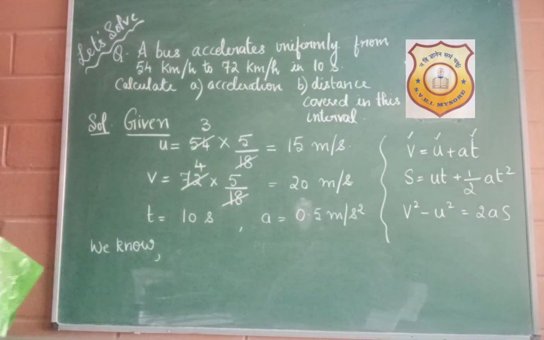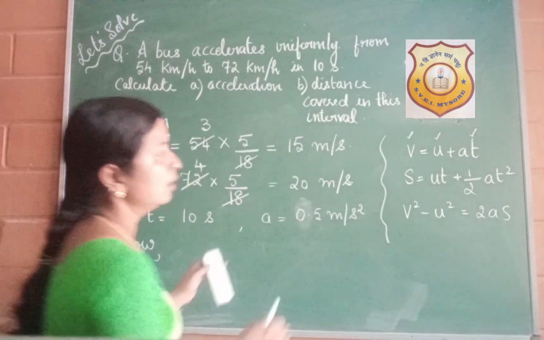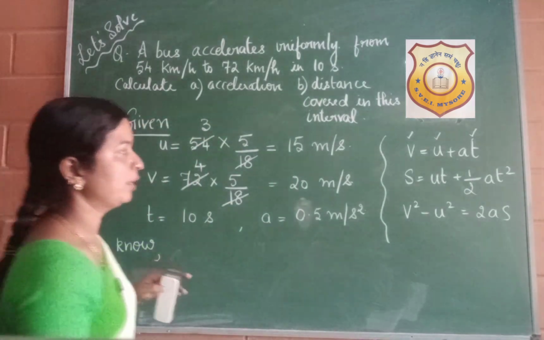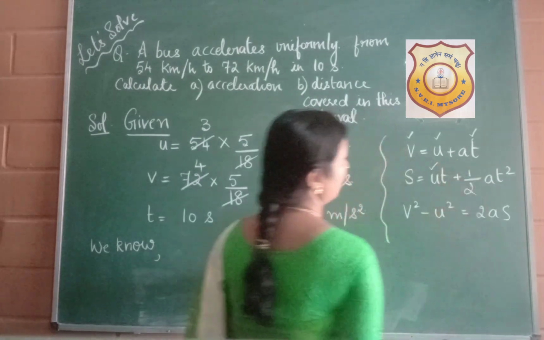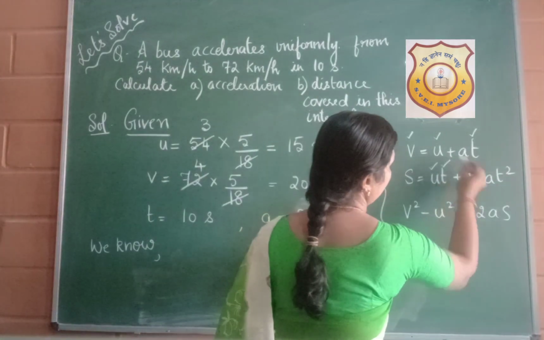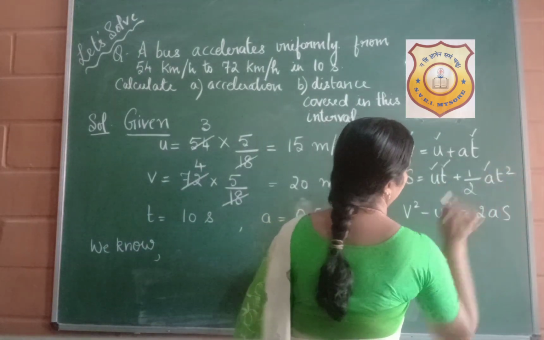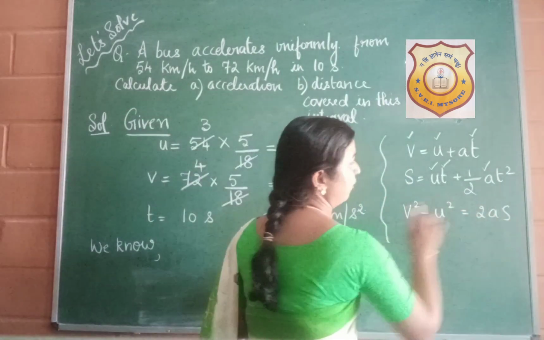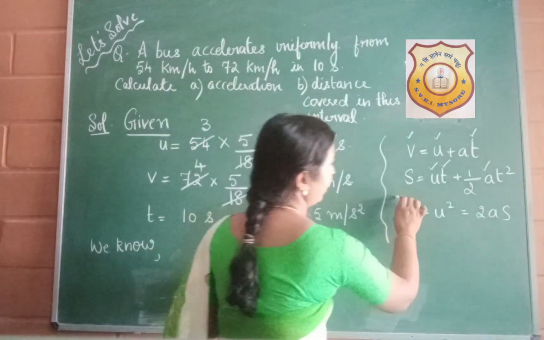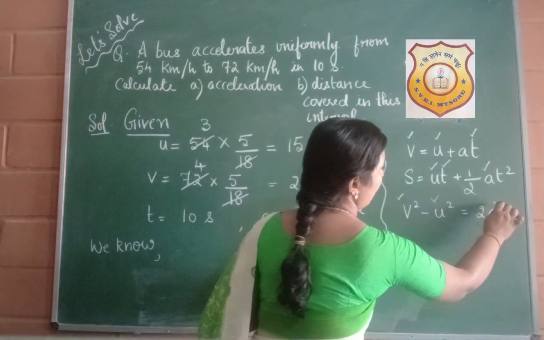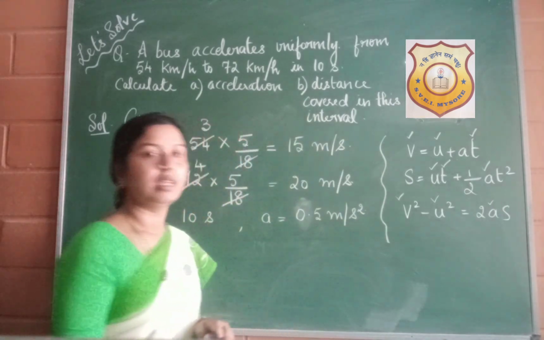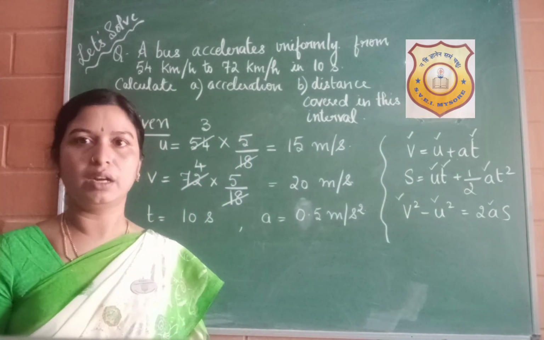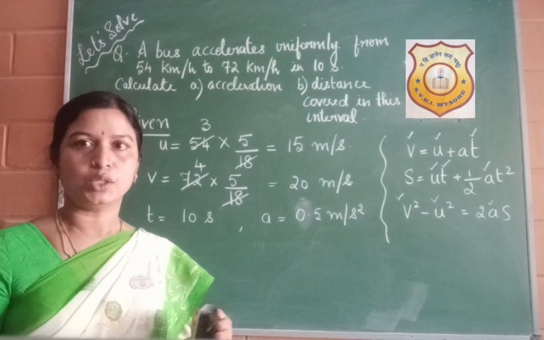So we'll just check with the second equation whether apart from distance all the other quantities are known to us or not. u, yes. t, yes. a, yes. And let's also check the third equation other than s, if everything else is given to us. v, yes. u, s. And a is also there. So we can either use the second equation or we can use the third equation to find the distance. So let us try both.